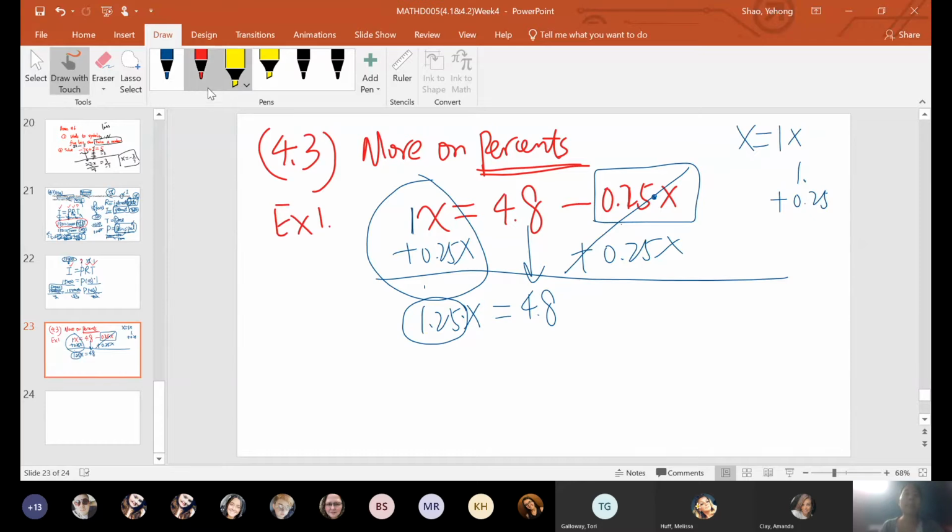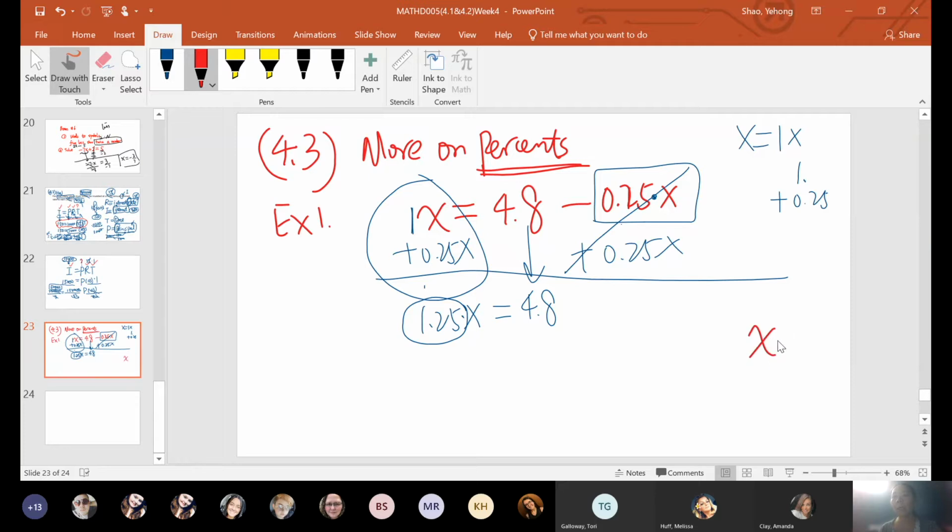Oh, for some reason you thought that was multiplication. Have we talked about multiplication yet? Later chapters we will talk about multiplication again.